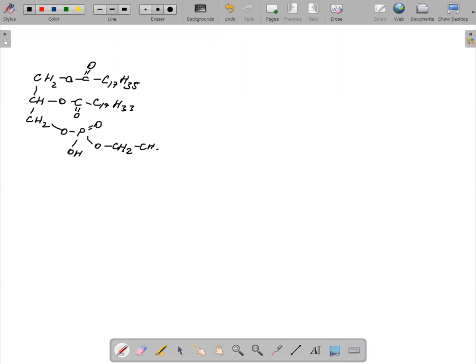This is phosphatidylcholine. So how many covalent bonds do we have that we can hydrolyze? 1, 2, 3, and 4. Here, here, here, and here. Because these oxygens belong to initial alcohols.